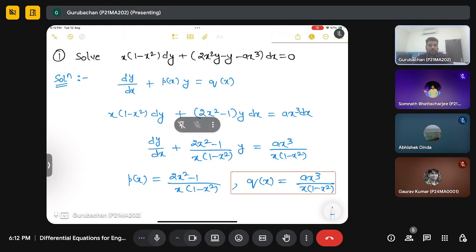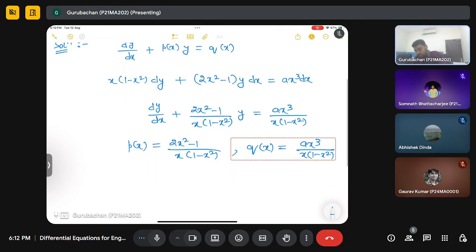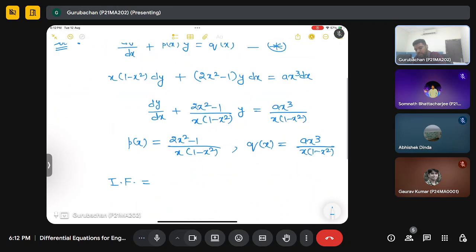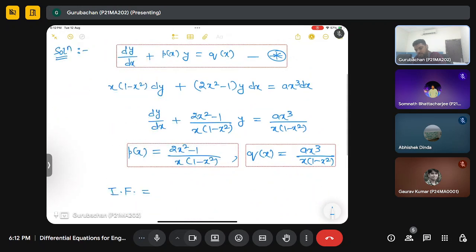So let me start by recalling how to solve the standard equation. You know from the lectures, let me name this equation star.